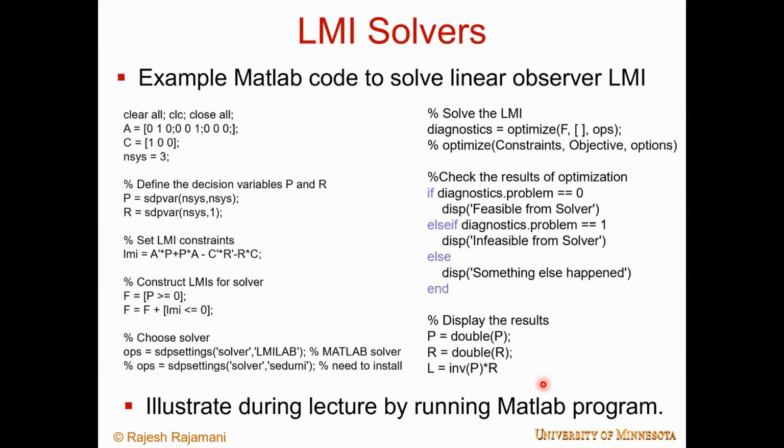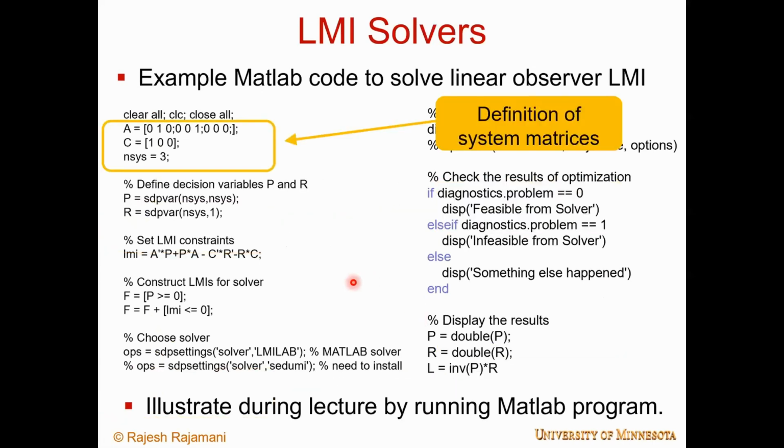So this is example MATLAB code to solve the LTI system observer LMI. This MATLAB code is really easy to follow. What we're doing in the beginning is defining the A and the C matrices. So this is a third order system.